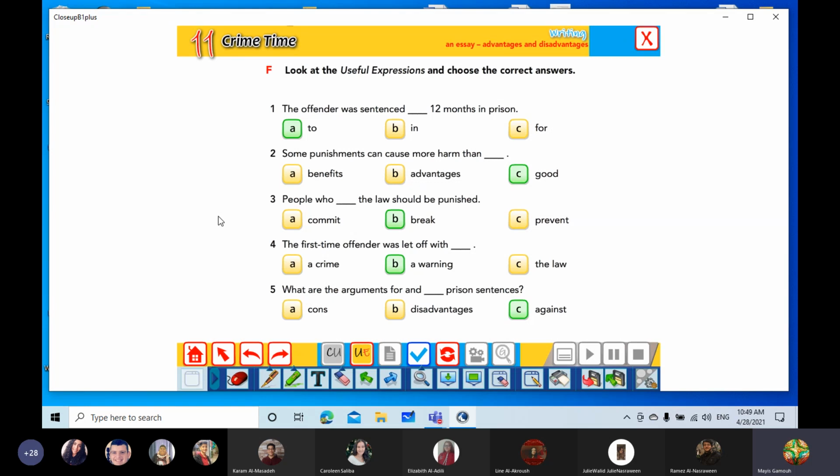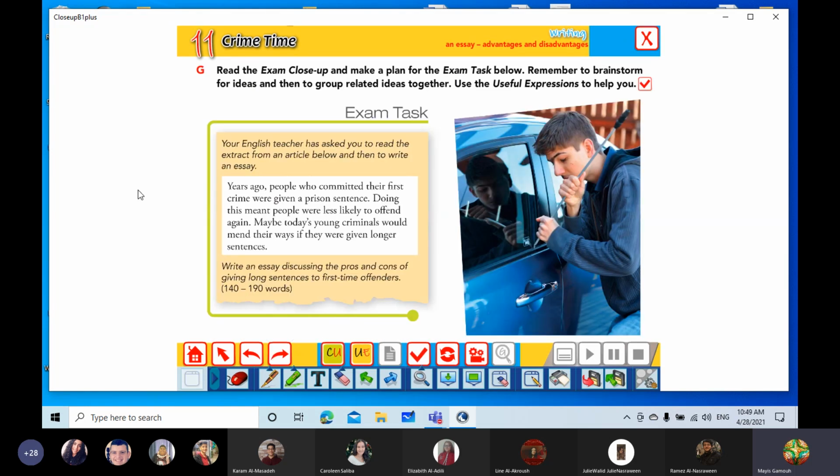Let's go now to the next exercise. I believe in exercise G, we already did this exercise yesterday. We read the exercise and we had a sample in yesterday's class. And let me tell you something. This exercise and the last exercise in your workbooks will be homework in order to write your own essay.